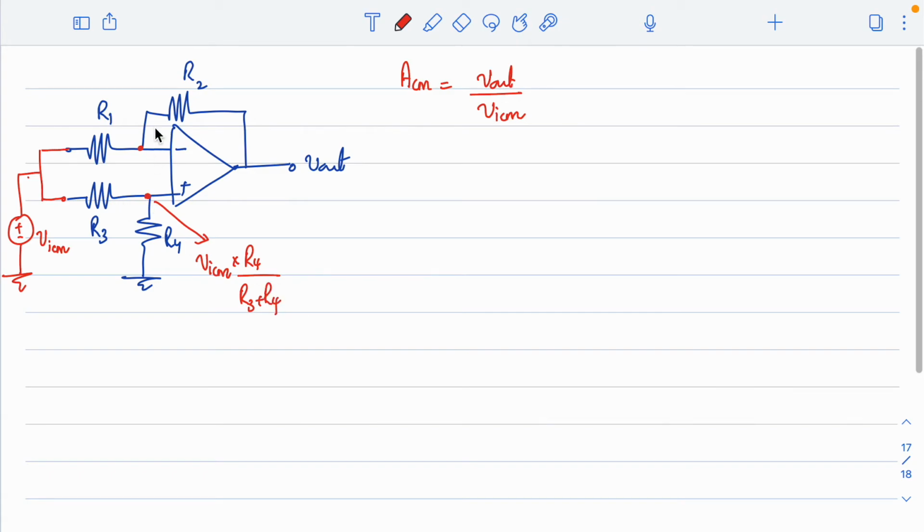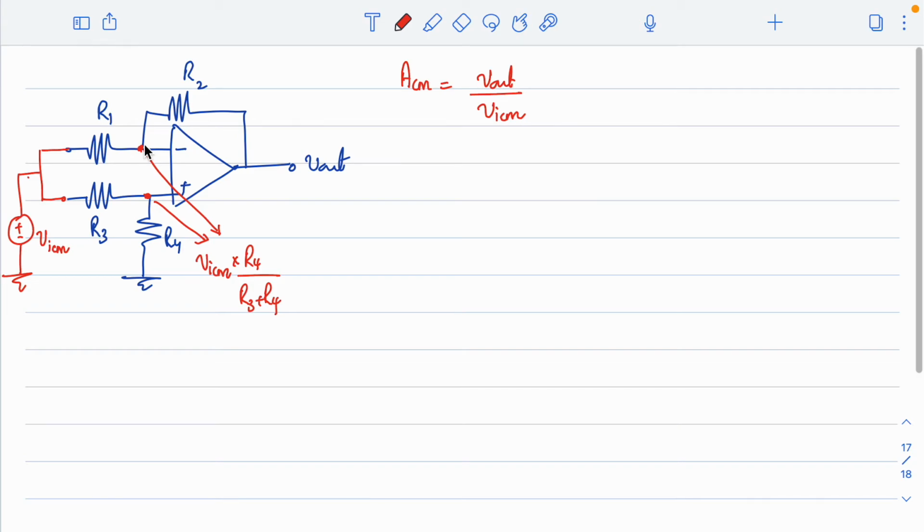Now by virtual ground, I can say that this node is also at the same potential, which is VICM into R4 by R3 plus R4.